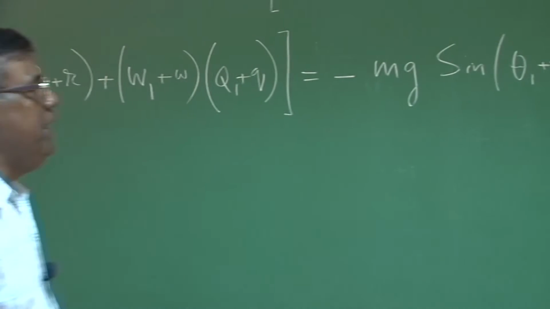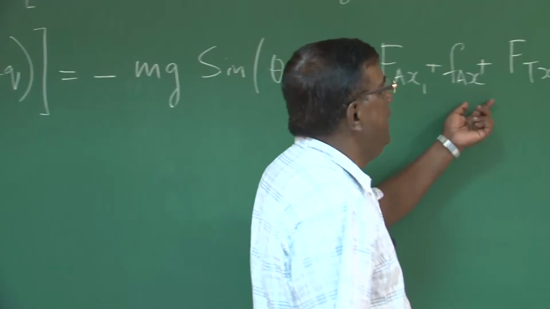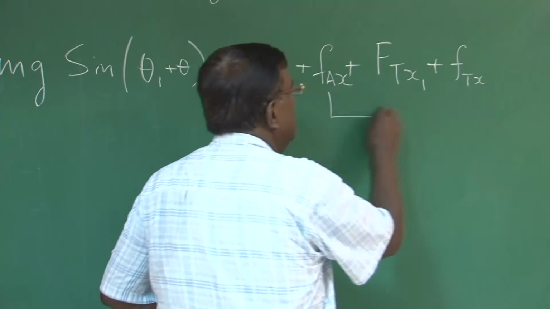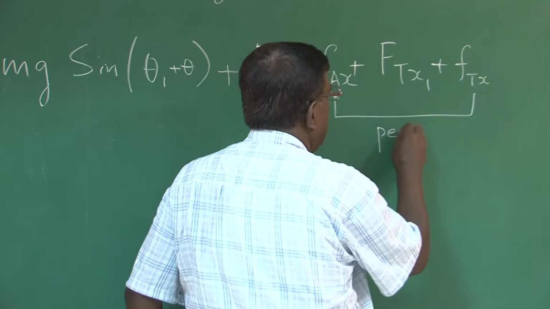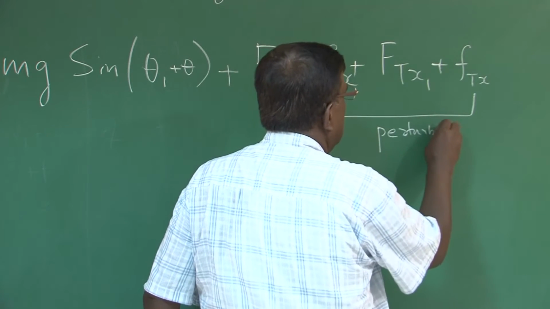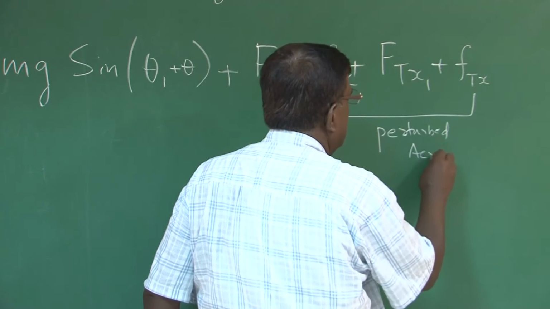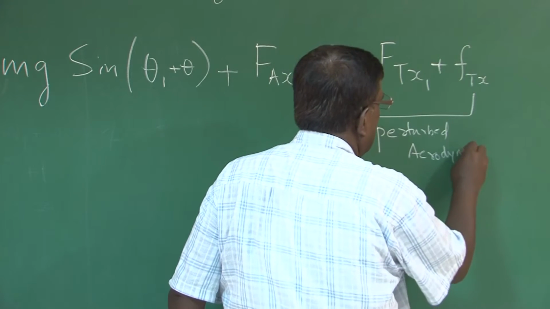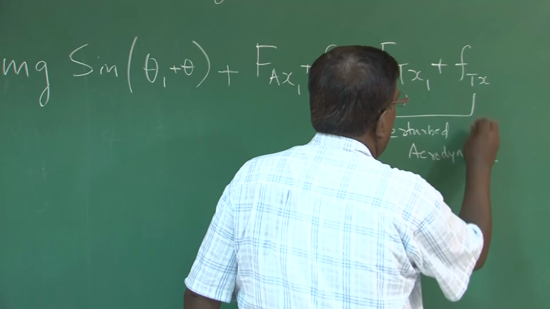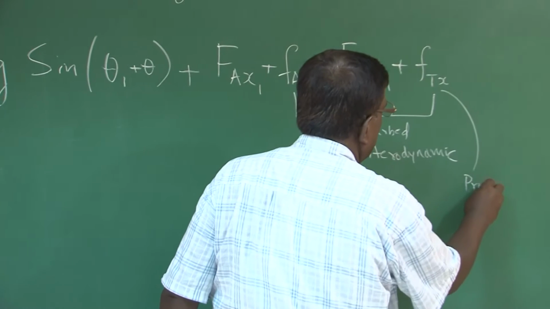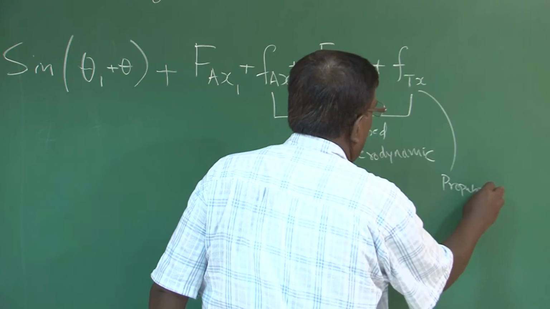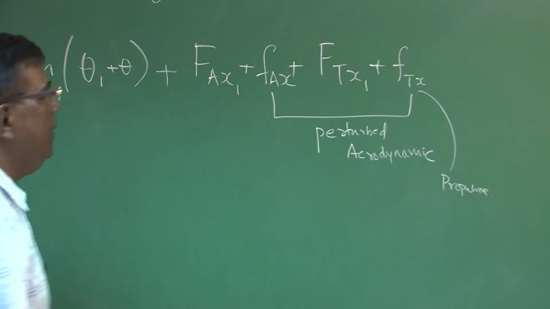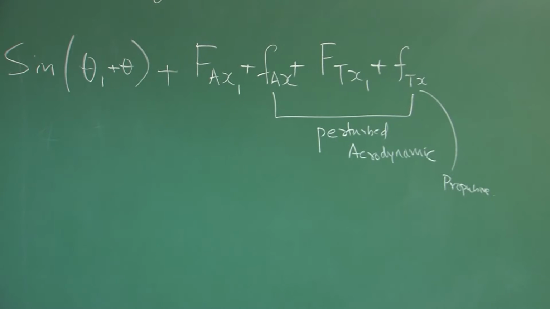What are these F_ax and F_px? They are the perturbed aerodynamic and propulsive force. The question comes, how will this perturbed aerodynamic force come?